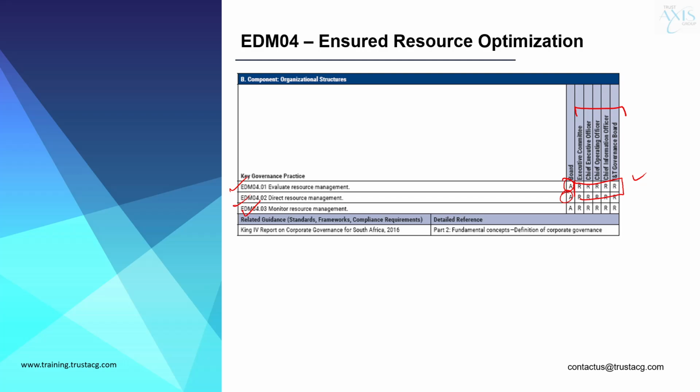Okay. So once again, you will expect the board to be accountable here, while all the executive committees, CEO, CIO, COO, and your IT governance board are all responsible for ensuring its outcomes are delivered. Okay. So these are basically expected to execute these monitoring activities and provide transparent reporting. Okay.